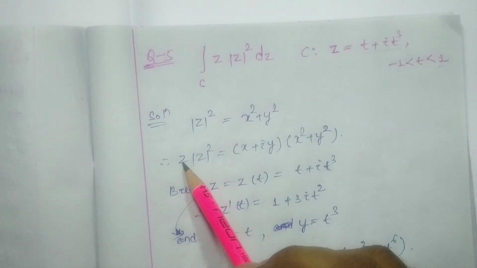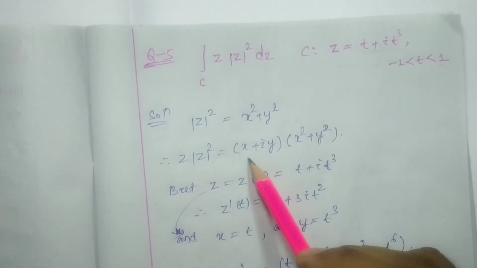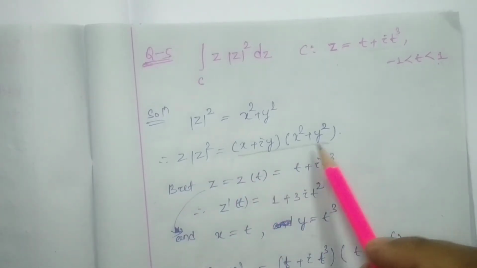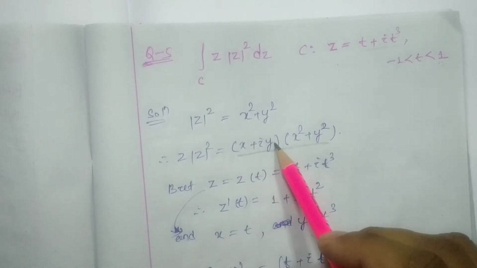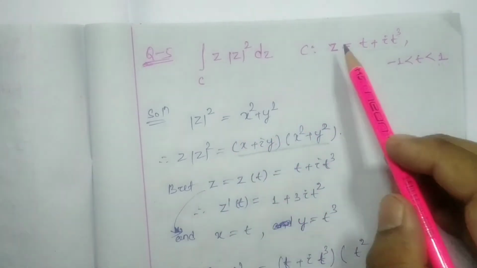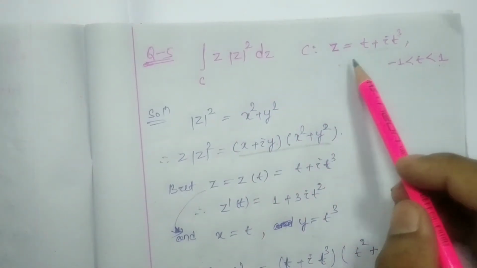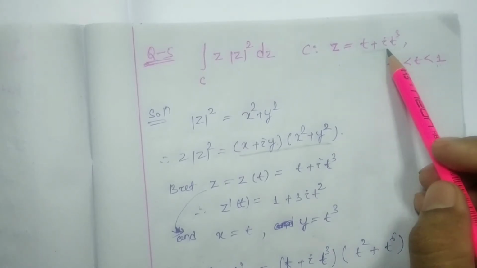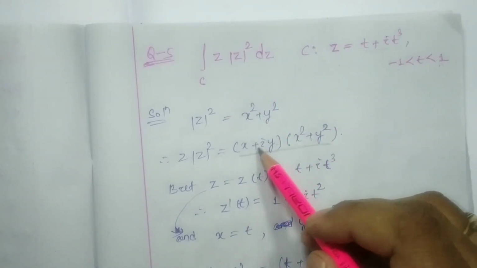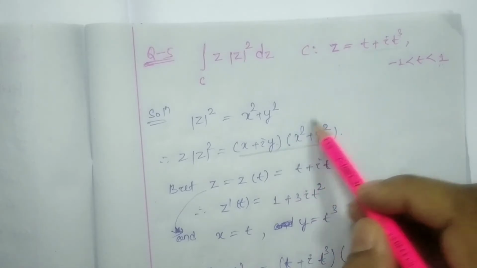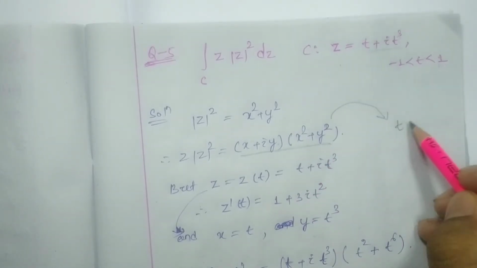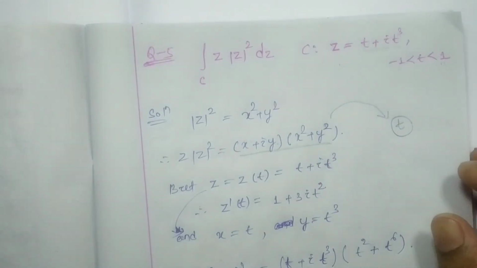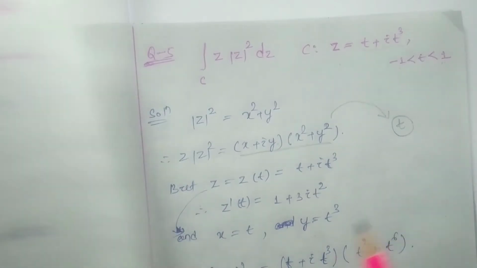So z into z mod square, whatever we found, these are functions of x and y. However, we have to integrate as t changes. That means this z, which is in xy format, has to be transformed to a function of t. That we have already discussed.